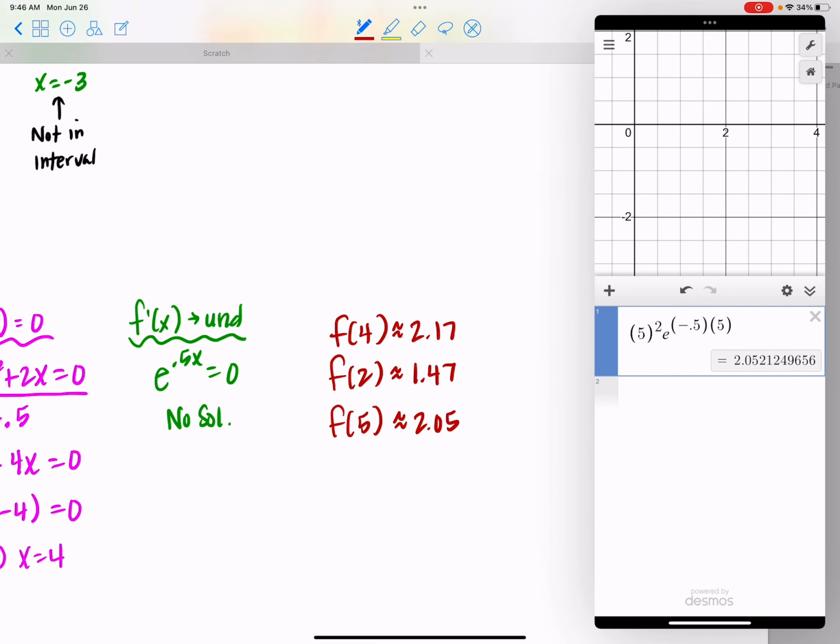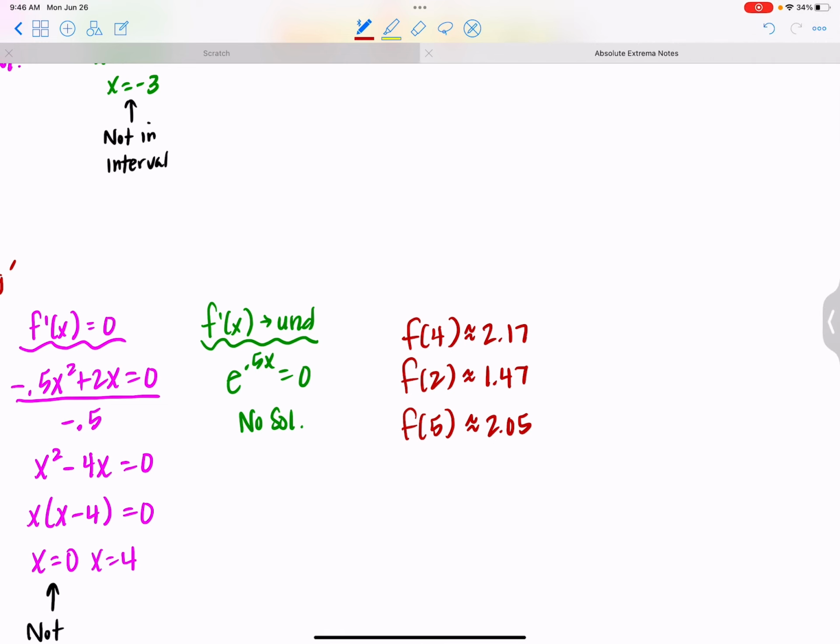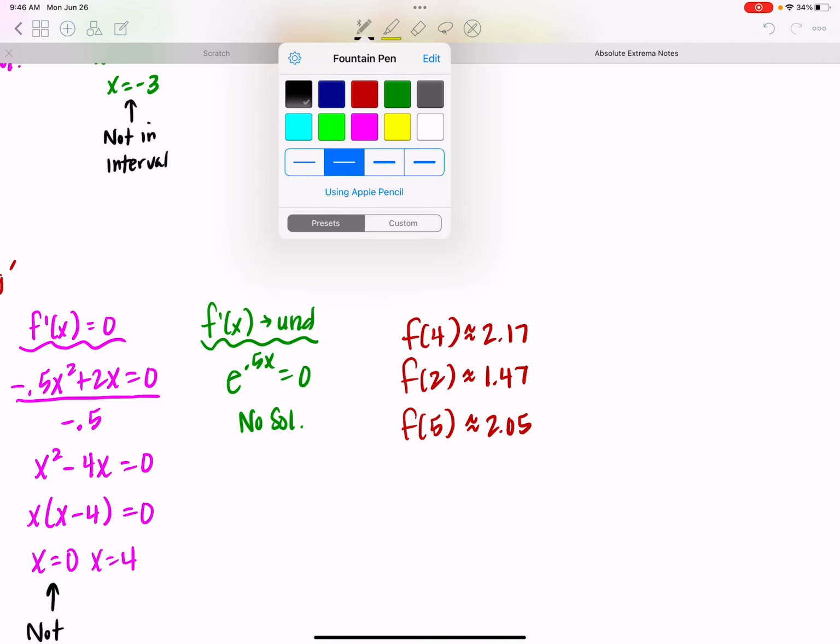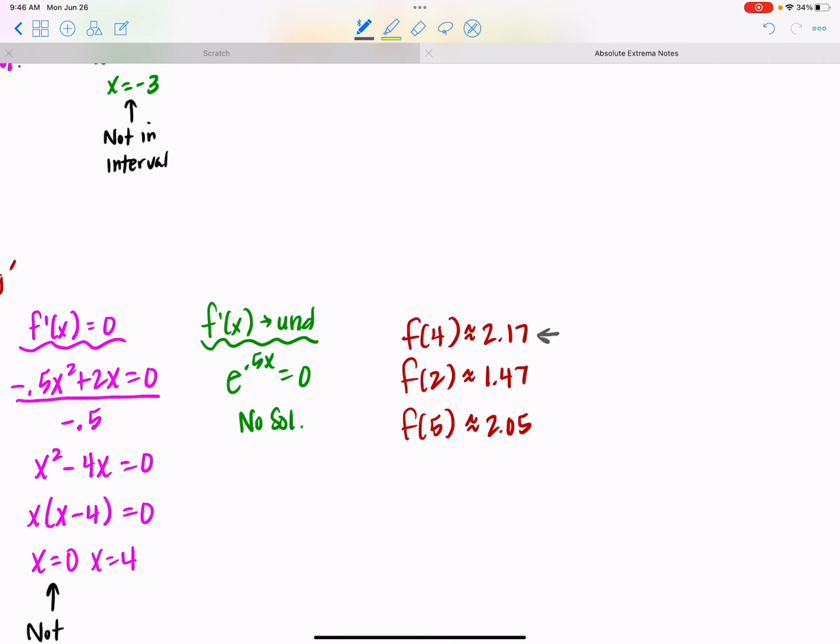Okay, so I have my maximum output here. This is going to be my absolute maximum at x equals 4.